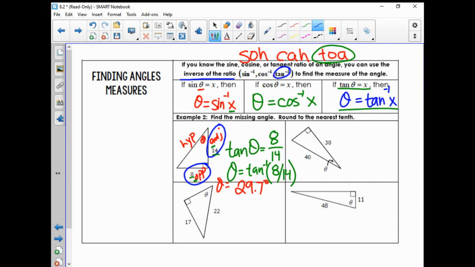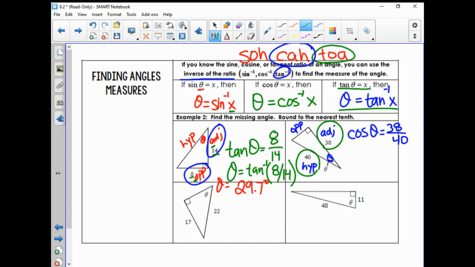Okay, all right, let's try another one. Look here, they've identified theta. Theta's right there. So here's my opposite. Here's my hypotenuse. And that leaves this side to be the adjacent. So this time the two sides they've given me are the hypotenuse and the adjacent, the A and the H. So we're going to look up here and say, oh, look, there's an A and H. They belong to the ratio of the cosine. So we could say the cosine of theta is equal to my adjacent 38 over the hypotenuse, which is 40.